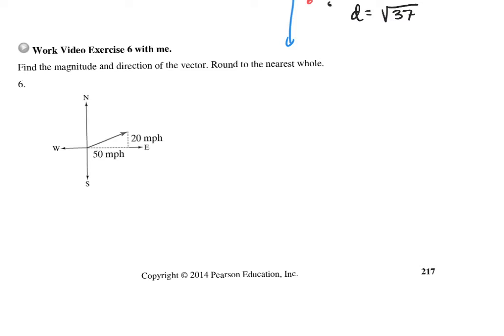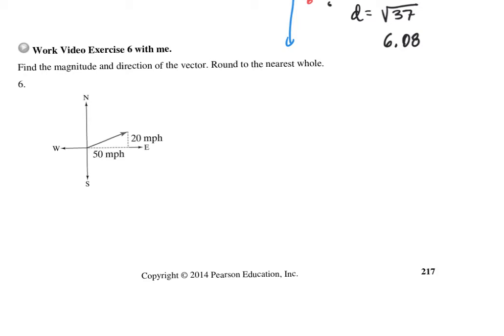Let me grab my calculator. That's 6.08. It didn't specify rounding, so 6.08. Let me make sure I rounded that correctly. Yeah. That is the magnitude, or the distance, between the initial point and the terminal point.